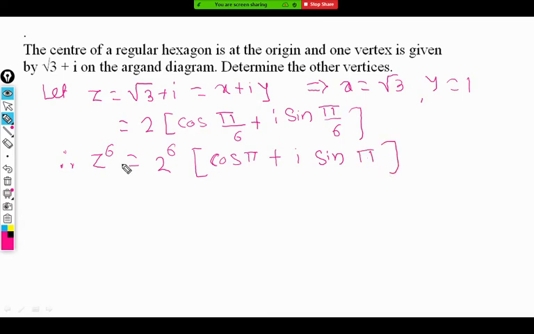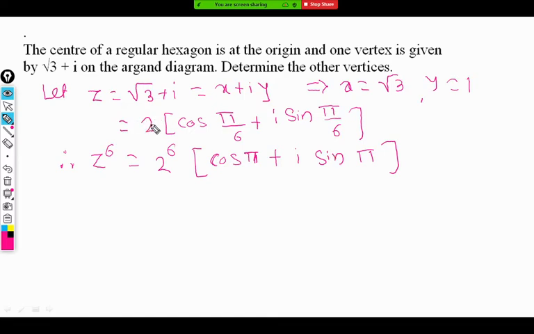Is it okay? Any doubt up to here? z raised to 6 will come. No doubt? Okay, good. So that becomes z raised to 6. Now, this is just a polar form of z raised to 6. We want a general polar form so that we can take a root. No, my mistake.